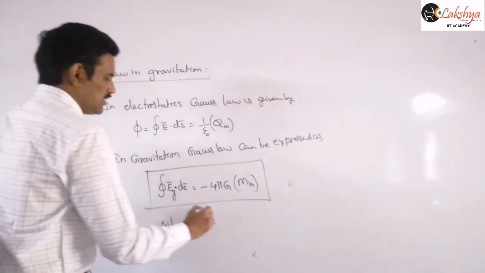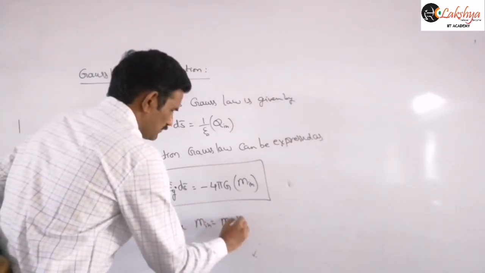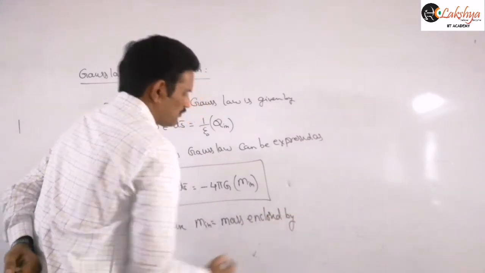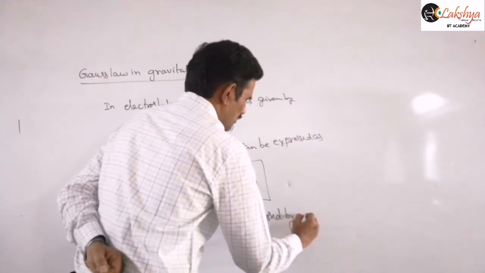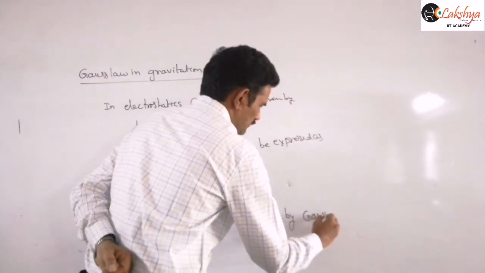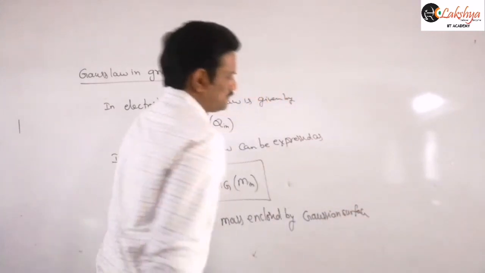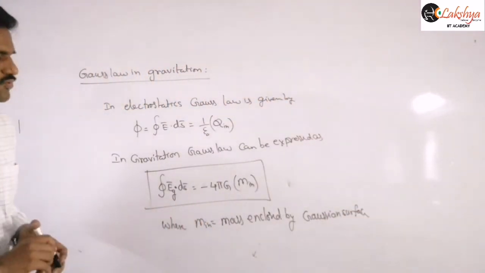Here M in is the mass enclosed by the Gaussian surface.